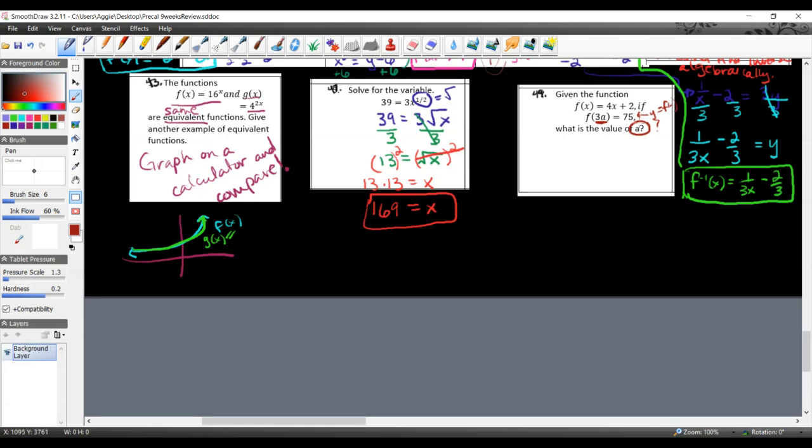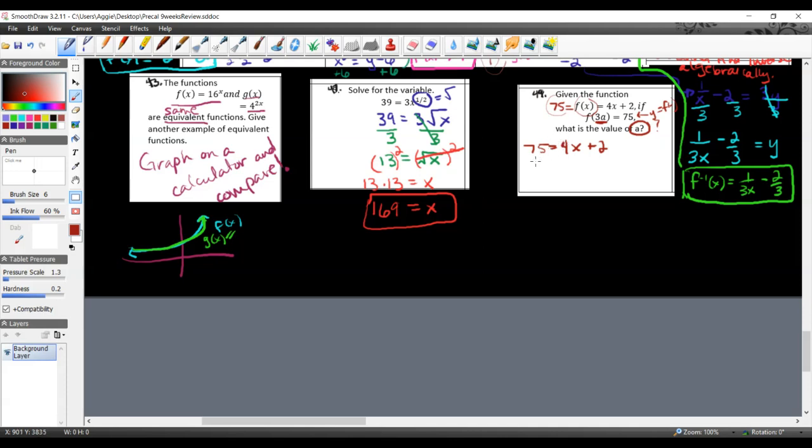Okay, and I'm sorry it's a little crowded here. So I'm going to say this is going to be equal to 75 because f of x is your y. So it's going to look like this. 75 equals 4x plus 2.